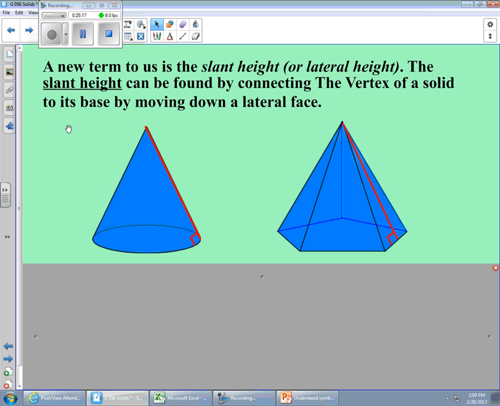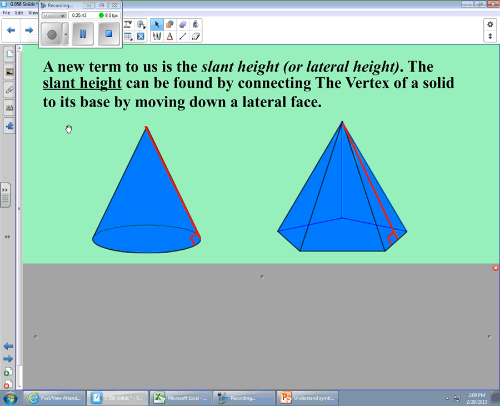So another way of thinking of it is height from the previous slide measures from the vertex to the base by going straight through the figure down to the base. Lateral height or slant height still goes from the vertex to the base, but it won't get inside of the figure to do it. It'll just slide down one of the lateral faces and measure that distance.